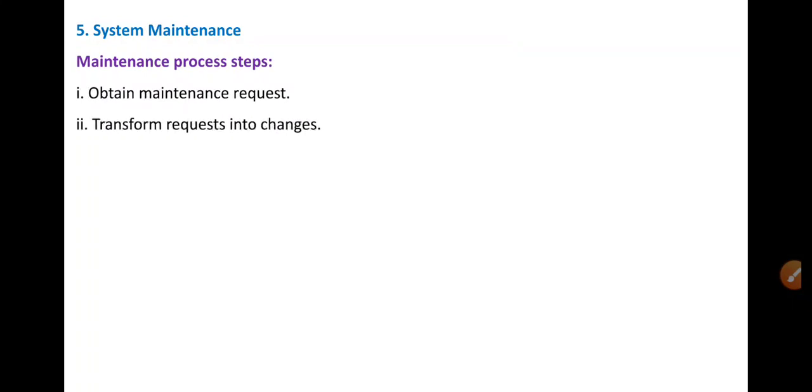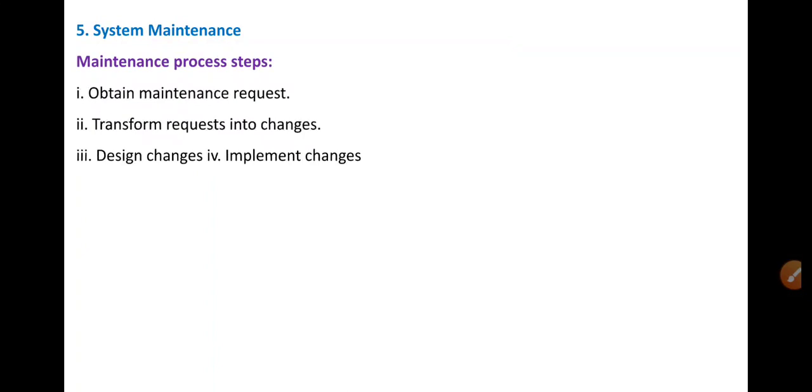So you should obtain a maintenance request, and after obtaining it, transform that request into changes. Okay, whatever changes are required to be made to the information system, you can go for transforming that request into changes. And next, design the changes.